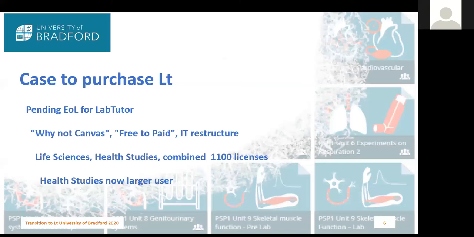And because we had this £200,000 worth of ADI hardware, if not LT, then it was going to be a significant alternative investment in both time and money to replace the hardware and to replace the experiments.